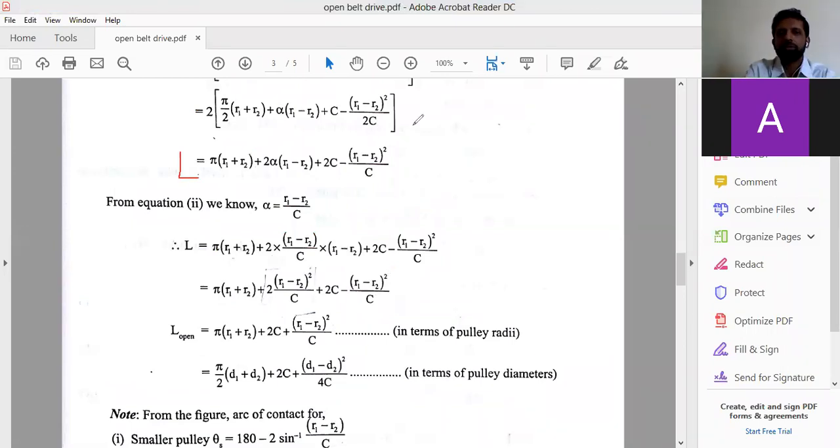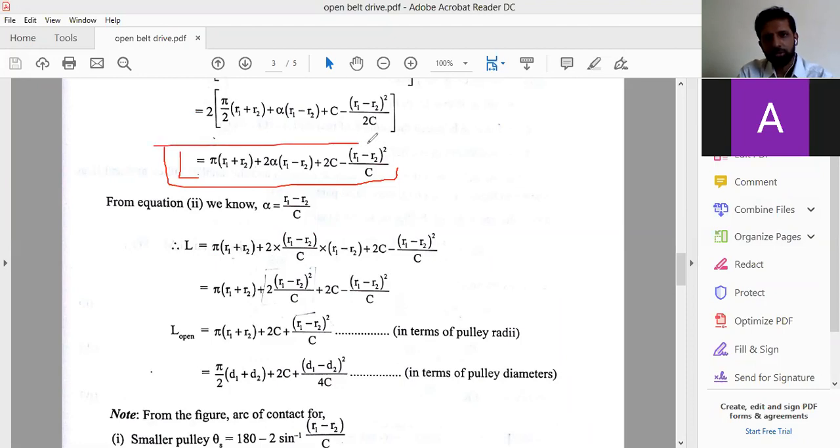If you know this, then it is more than enough. In this particular condition, we should know what alpha is.